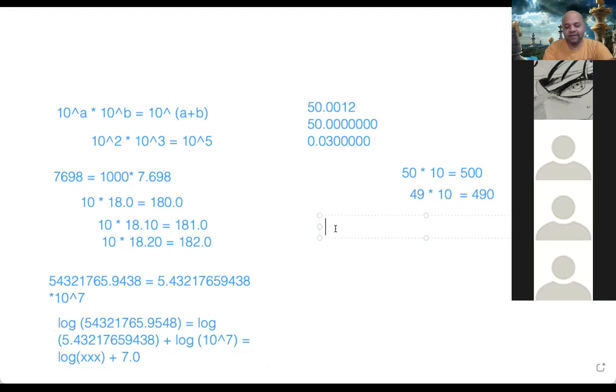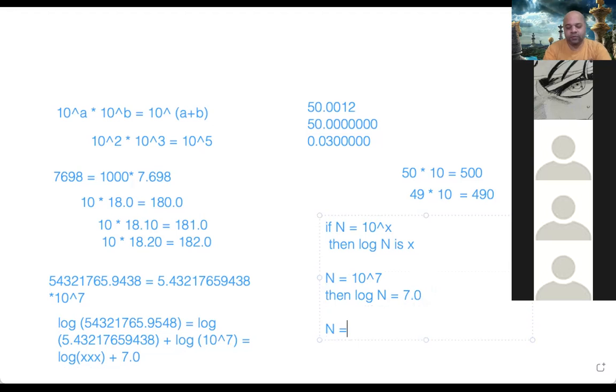This is what we learned last week. If some number n is equal to 10 raised to x, then the log of that number is x. If n is equal to 10 raised to 7, then log of n is equal to 7.0.